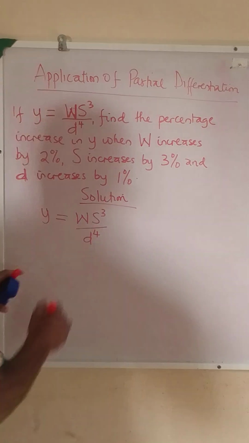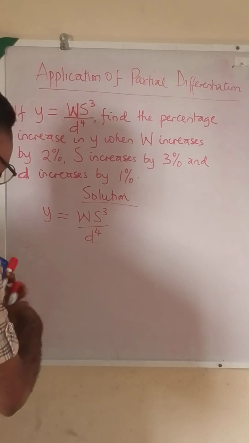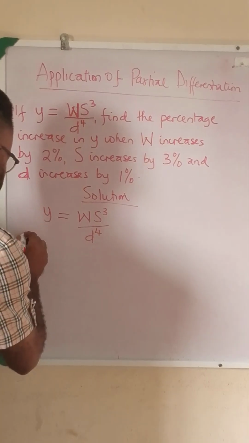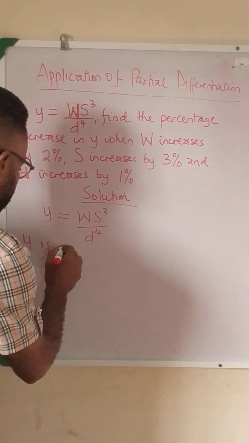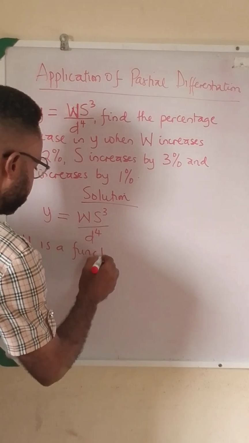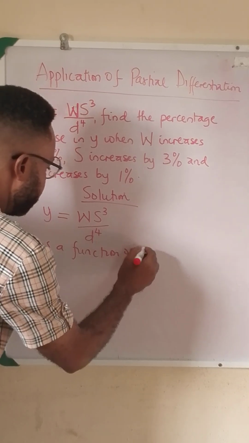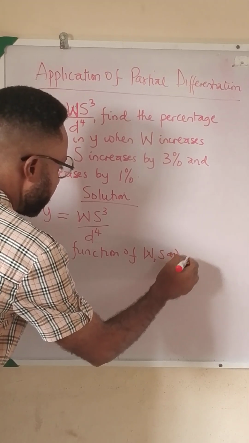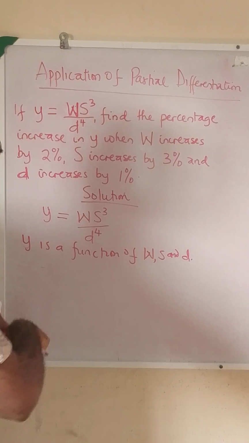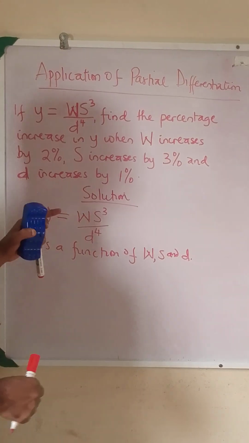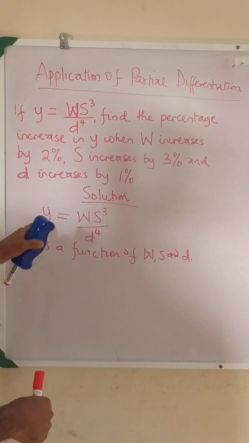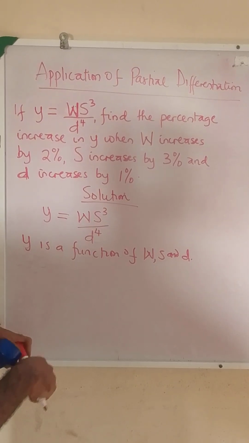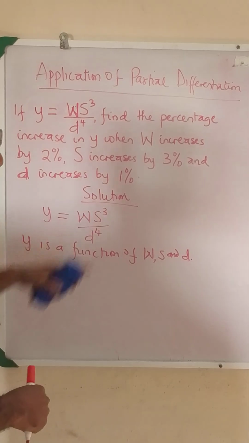So looking at this question, we can say that y is a function of w, s, and d. Because it's partial differentiation, we are going to partially differentiate y with respect to each of these variables.